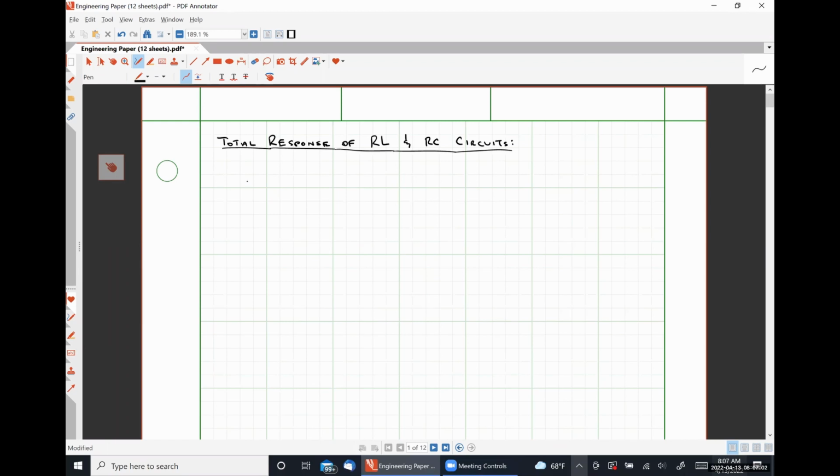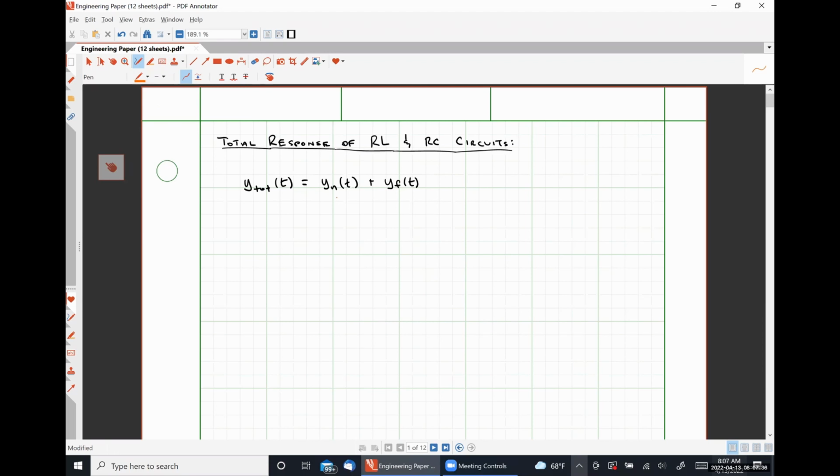So our total response, I'm going to call this Y total as a function of time, is generally speaking of the form Yn of t, where Yn is what's called the natural response, and that's all that we looked at on Monday. And then we add to that natural response what we're going to call Yf of t.